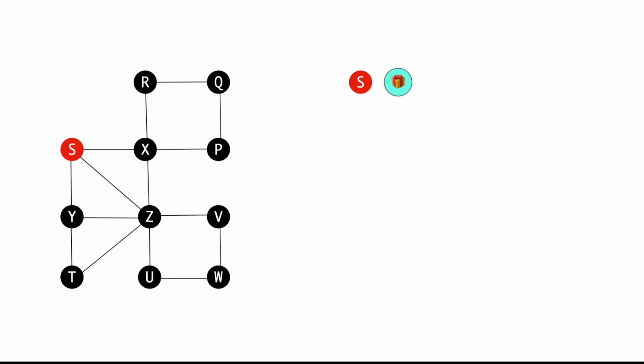Now, since this is the very beginning, no vertex has been visited so far, so we will just pick up all of the neighbors of S. In this case, there are 3 neighbors, X, Y, and Z, and we are going to push all of these to the back of the queue, and we are going to mark them as visited.